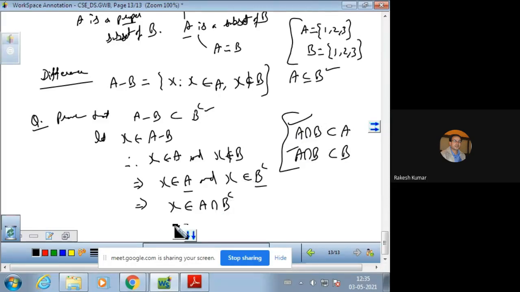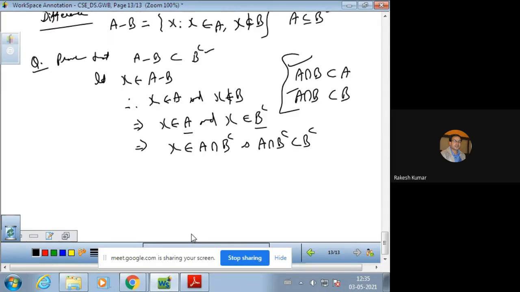So from this, we can write down A intersection B complement is a subset of B complement, because this is a complement, this is a subset of this set.